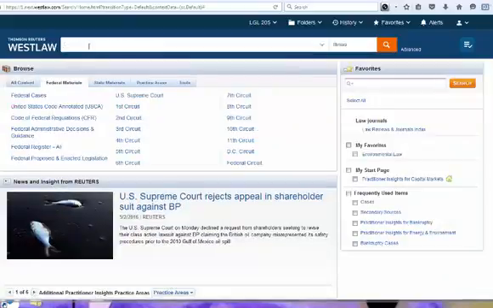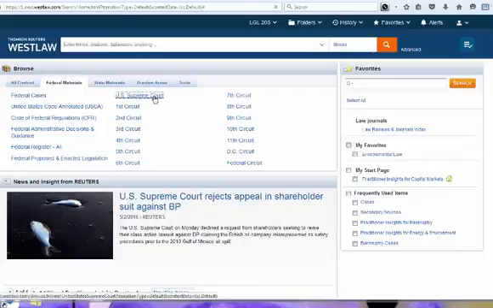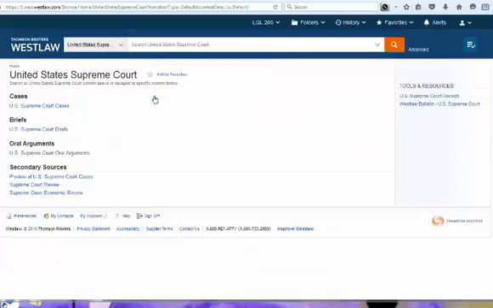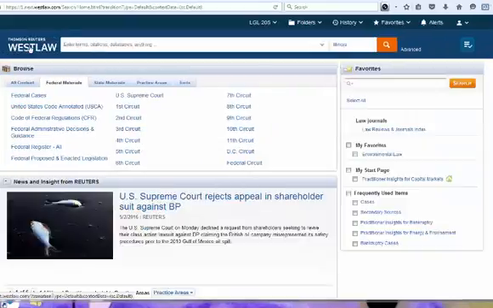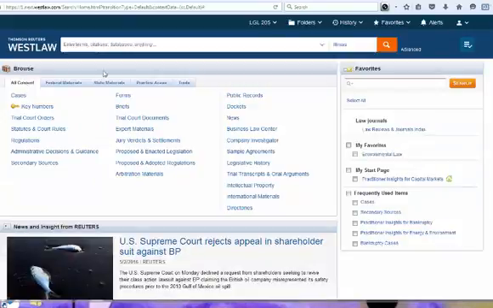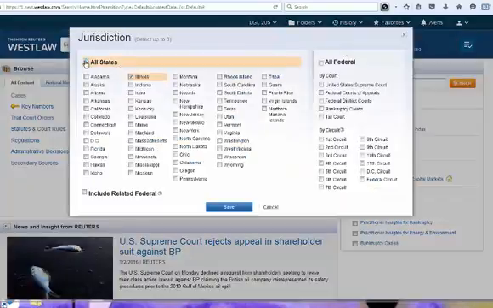You know, to be honest, I think for this one it was a U.S. Supreme Court case. To be honest, I think I Googled it. Let's do all content. All states, all federal.